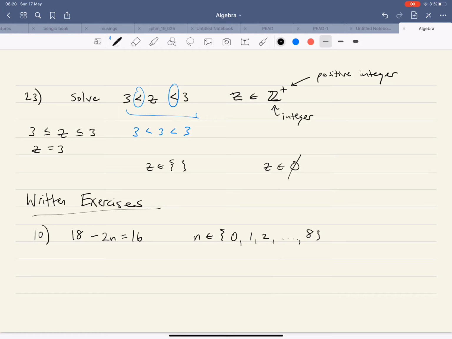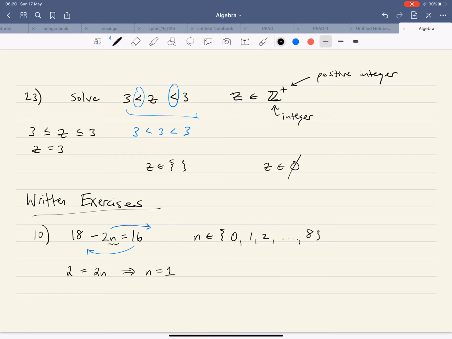So we would like this n to be all by itself, right? So we can bring this 16 over here. We can bring the 2n over here. When we do that, we get 2 equals 2n, which means that n equals 1.